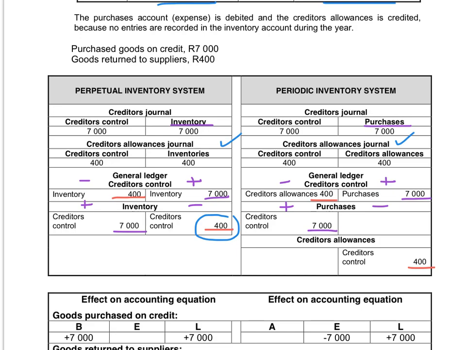In the periodic system, you will have a creditors allowances account, because this creditors allowances will decrease your purchases. So purchases decreases profits, and creditors allowances decreases the purchases and will therefore increase the profits.